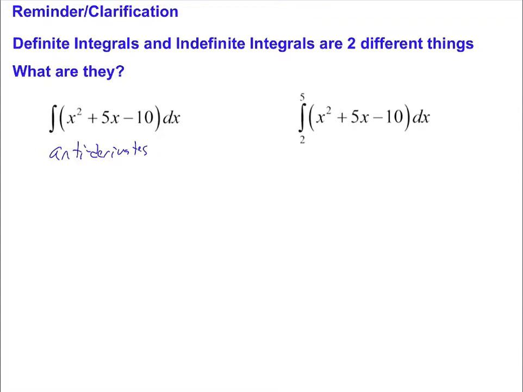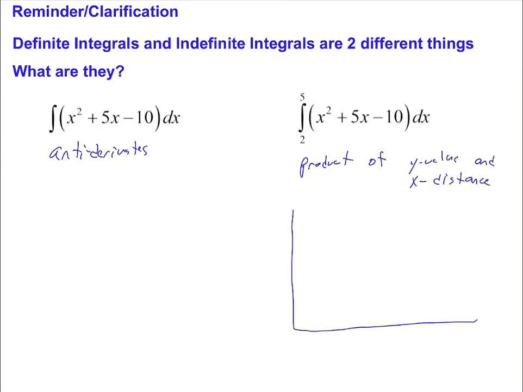Another topic, which is a completely different idea, it just shares a symbol and a name, is what we call a definite integral. The definite integral, remember, is the product of the changing y value and x distance. So we saw this with some examples much earlier in the year, where we would have a function whose y value changes.